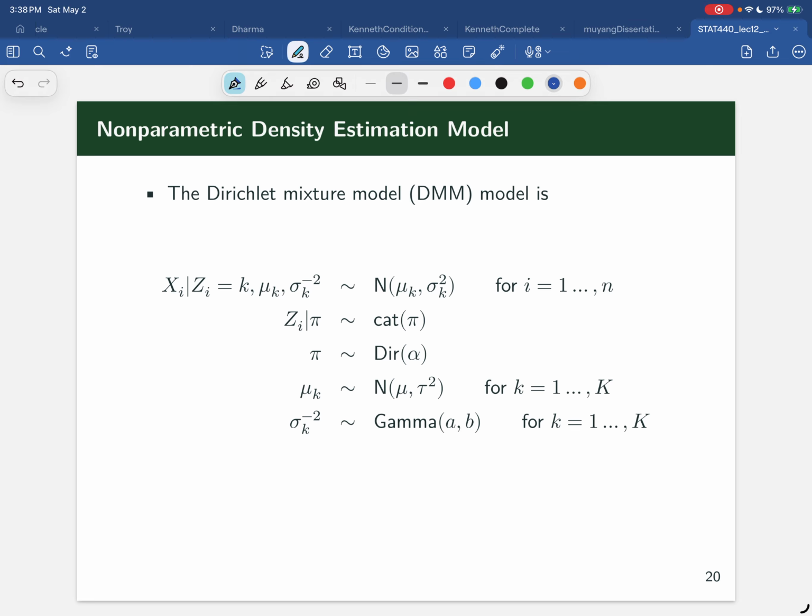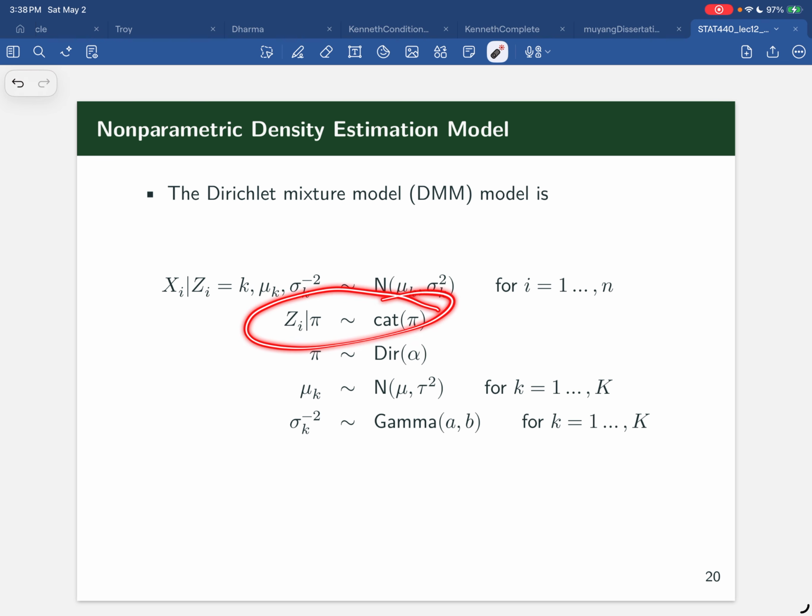Okay, so here is the hierarchical form of our model. Our data, given that it is in component k, so z_i equals k tells me observation i is in component k. If I knew that observation i was in component k, then x would be distributed normal with a mu and some sigma that describes that normal. The z_i's are categorical with probability pi.